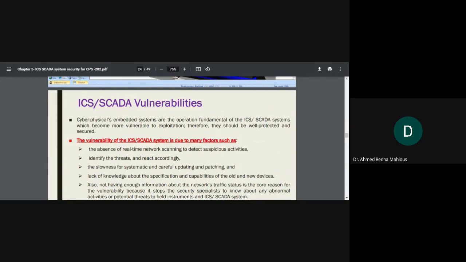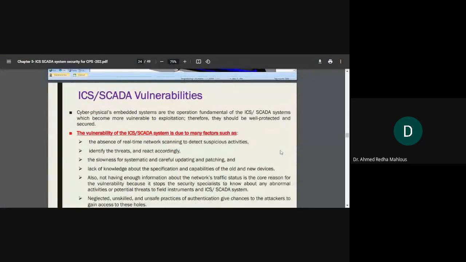If you remember, we said that ICS SCADA is very important, specifically for critical infrastructure. When we gave the example of the smart grid, we said it is very important to secure such an environment, such a CPS environment. And that CPS environment is controlled from an ICS SCADA system. That's why it is very important to protect that environment.